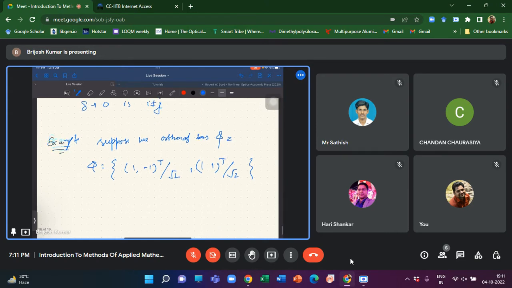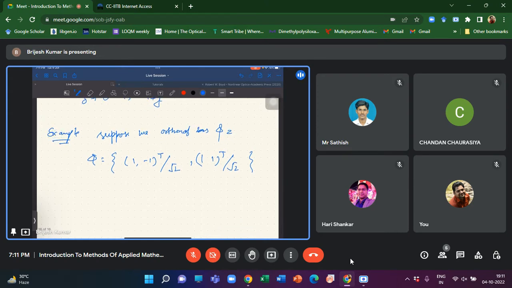Then given this basis and an arbitrary vector x, like we have any arbitrary vector x in the plane, what is the point in this new basis?